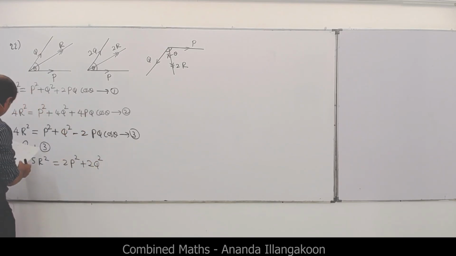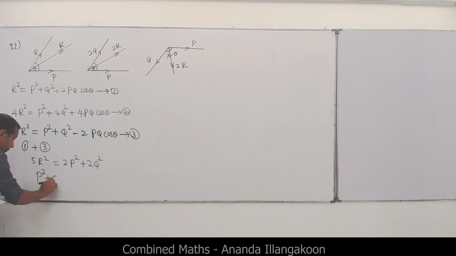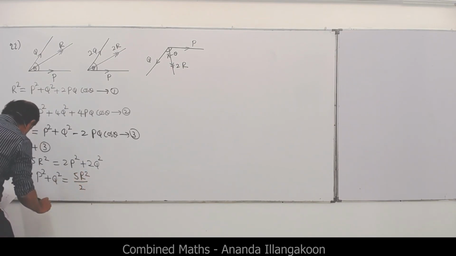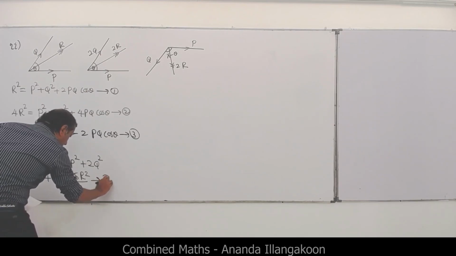These two you can cancel down. Then we get P squared plus Q squared. Divide both sides by 2: 5R squared by 2. Let us take this as number 4.